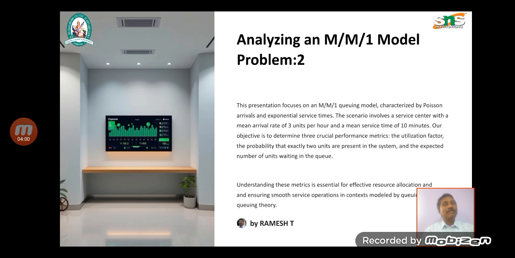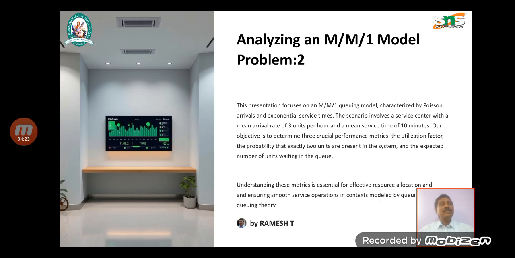In this presentation the focus is an M/M/1 queuing model characterized by Poisson arrivals and exponential service time. The scenario involves a service center with a mean arrival rate of 3 units per hour and a mean service time of 10 minutes.